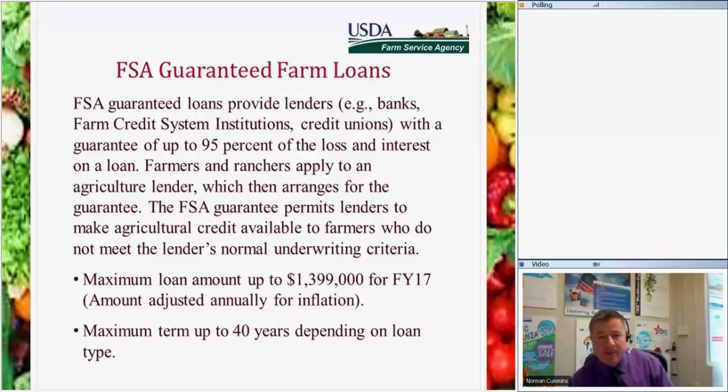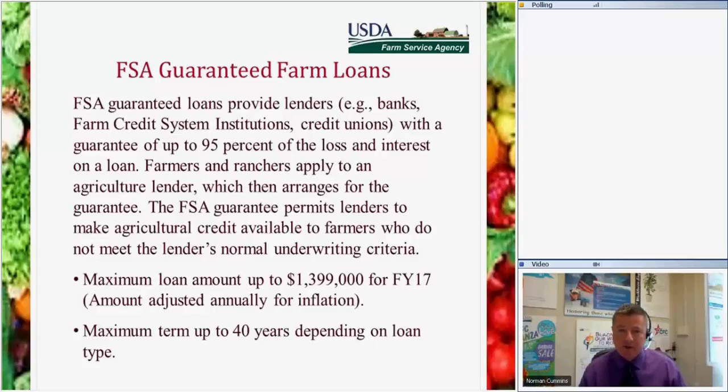For guarantees, the maximum loan amount for this fiscal year 2017, which goes from October to basically the end of November, is $1,399,000. And it actually adjusts every year by inflation. Depending on the type of loan, a guaranteed loan could be up to 40 years. So it really depends on what you're getting it for. If you're getting it for an annual operating loan, of course, that's only going to be a year.